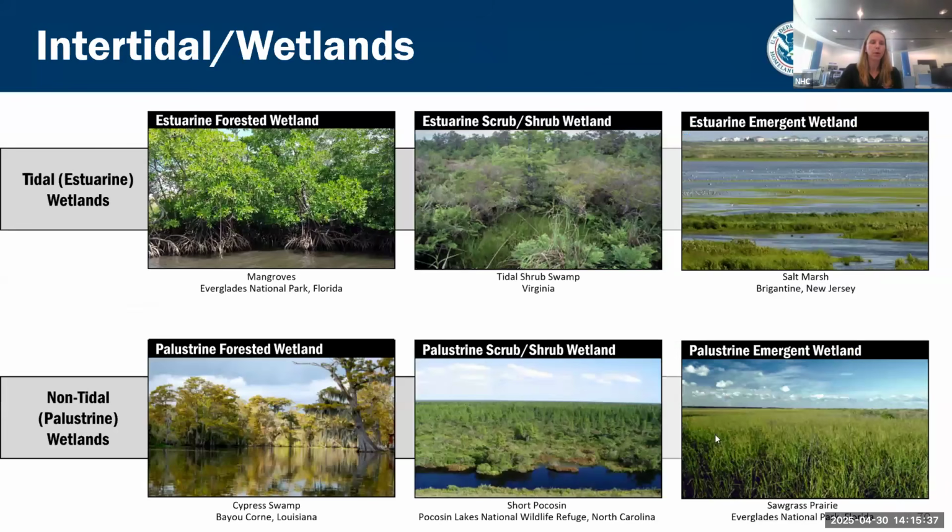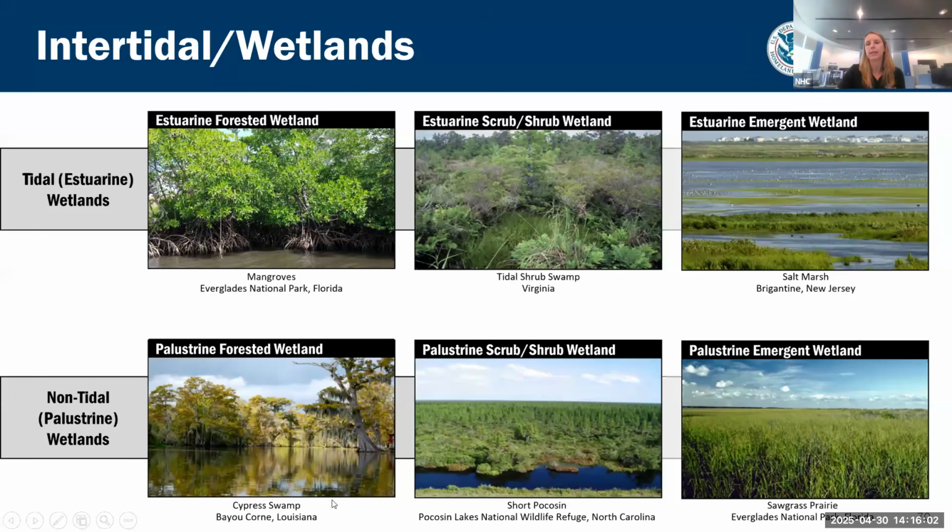So just a little bit more about that intertidal layer. The estuary wetlands are along the top. This is like the mangroves, the salt marshes. Those are the types of things that we cover up with that gray area. We also added the non-tidal wetlands, some additional areas like the Everglades and the cypress swamps.